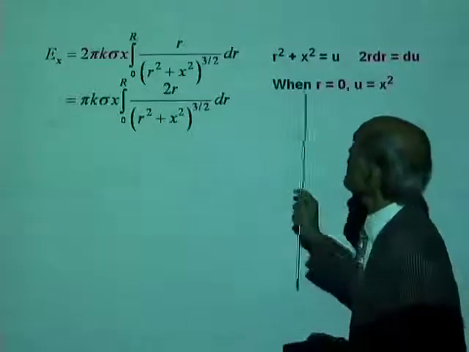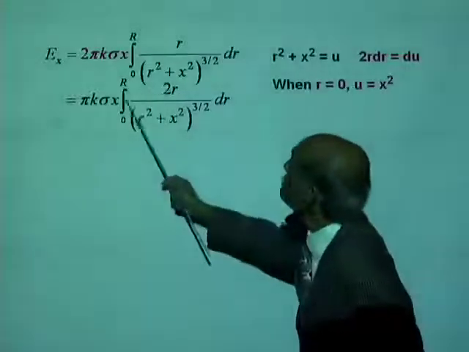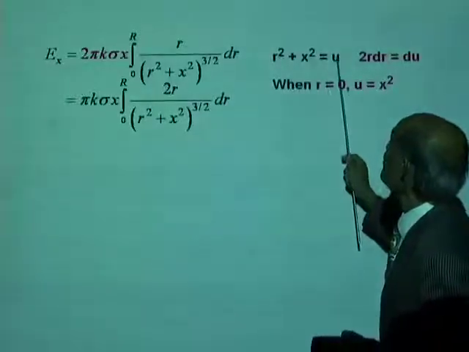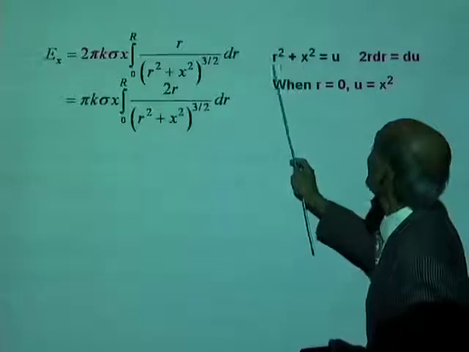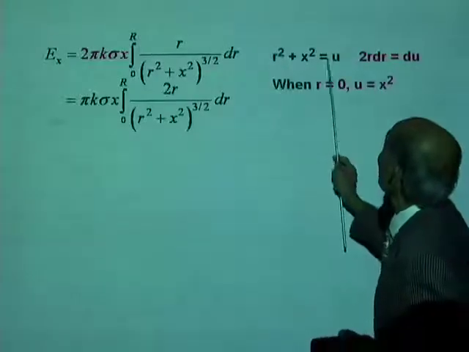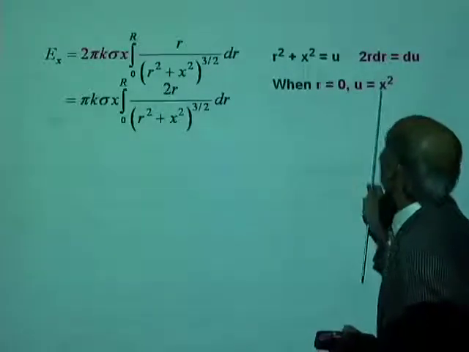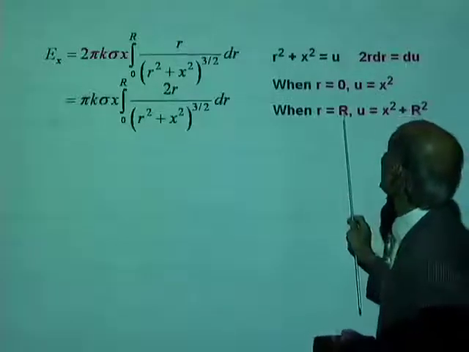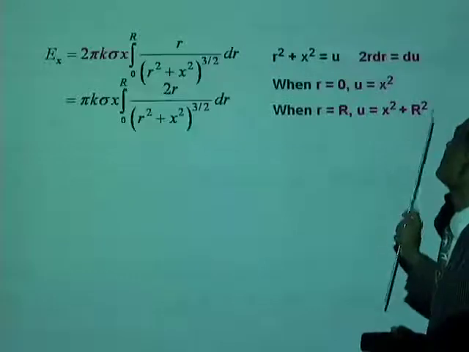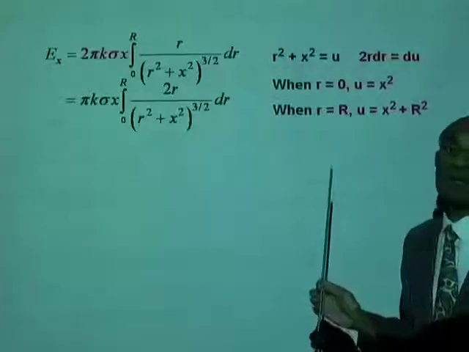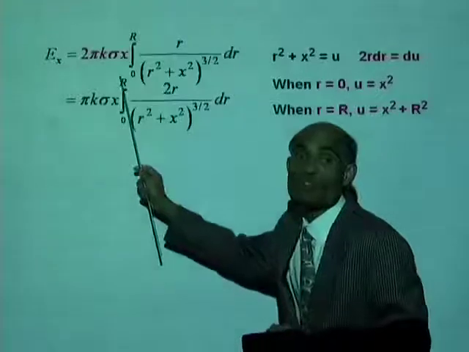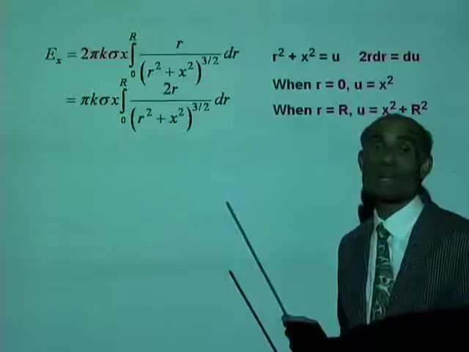Now use this to change the limits. We have r squared plus x squared equal to u. When r equals 0, then u equals x squared. And when r equals big R, then u will be x squared plus R squared. So when you make a substitution, you also need to take care of the limits.